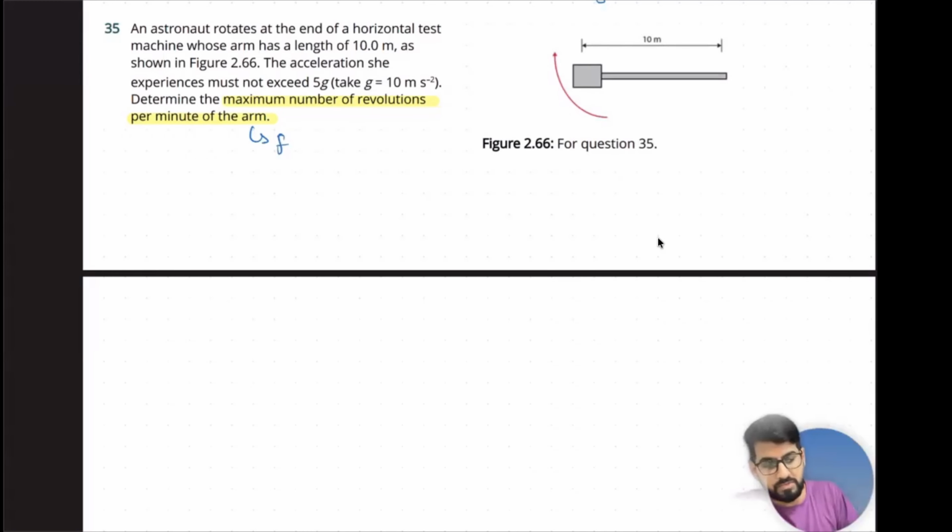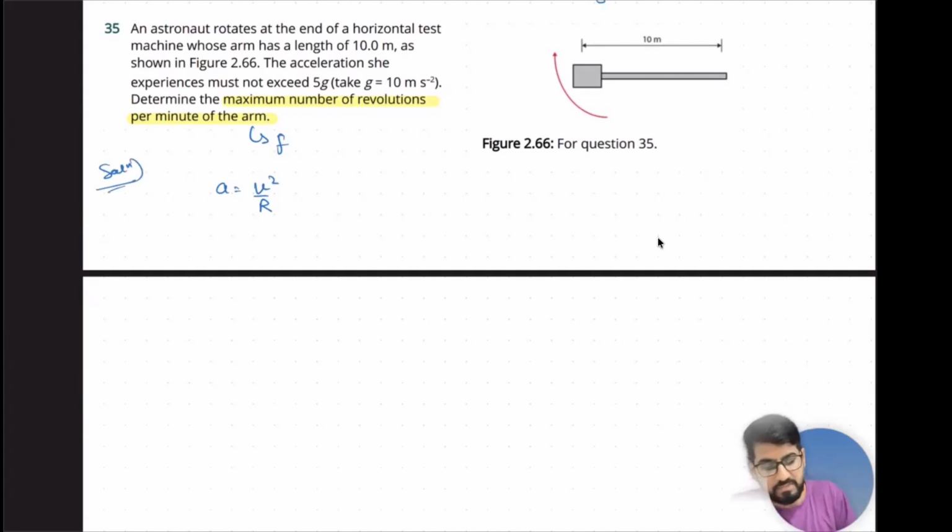So whenever the question asks for the number of revolutions per minute, they are basically asking us the frequency, but frequency is always in per second. So once we get it in per second, we can directly convert into per minute by multiplying by 60. So how can we do it? Acceleration is given to us, which is the centripetal acceleration, v square over r.